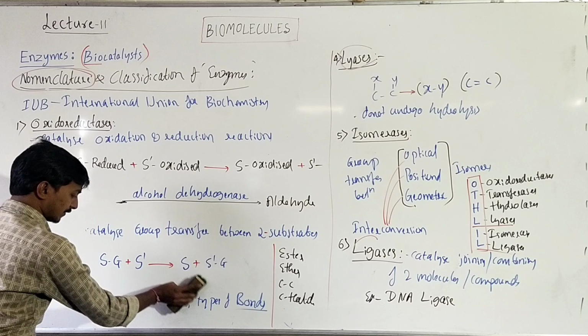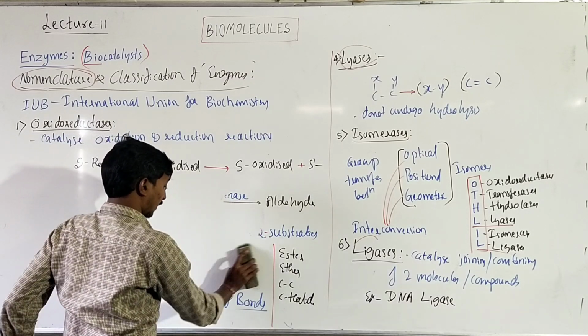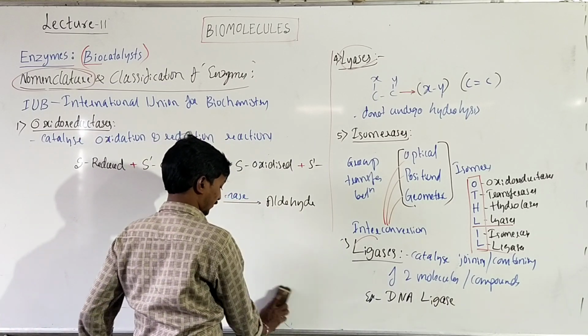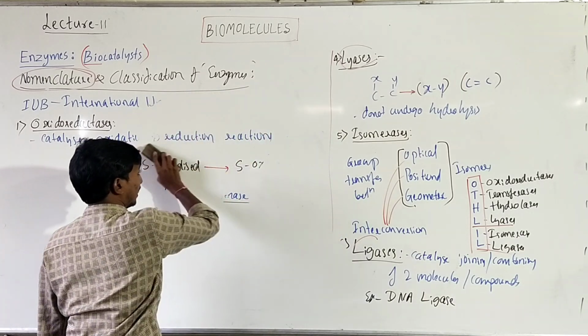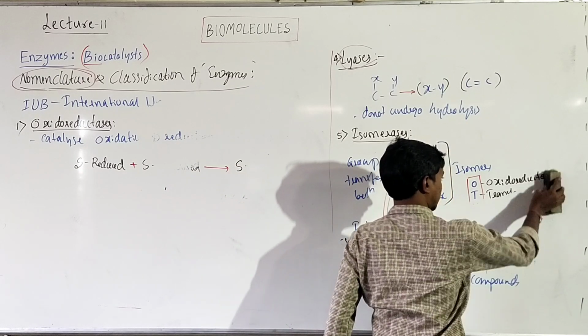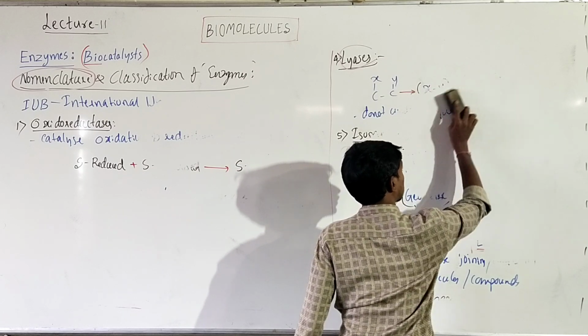After this, we will discuss the action of the enzyme, that is, how the enzyme will act to convert a substrate into a product. What is the procedure of that enzyme?